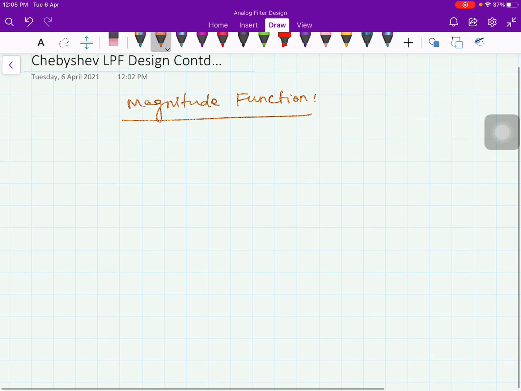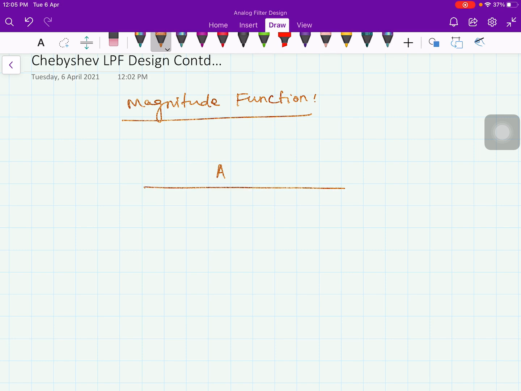The magnitude function of a Chebyshev filter is given by capital A divided by square root of 1 plus epsilon squared Cn squared of omega divided by omega p.